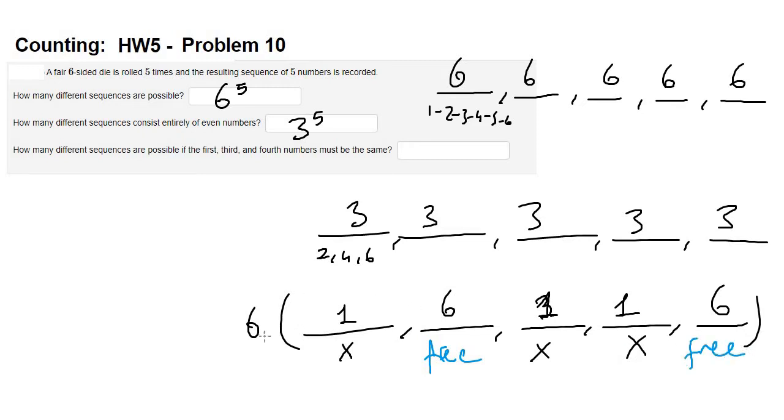So it's going to be 6 times 1 times 6 times 1 times 1 times 6, or 6 to the 3rd. But it is better to write 6 times 1 times 6 times 1 times 1 times 6 to understand what each coordinate is taking.